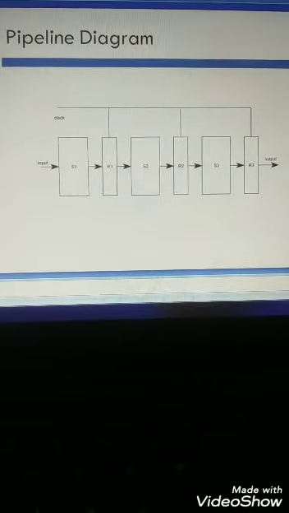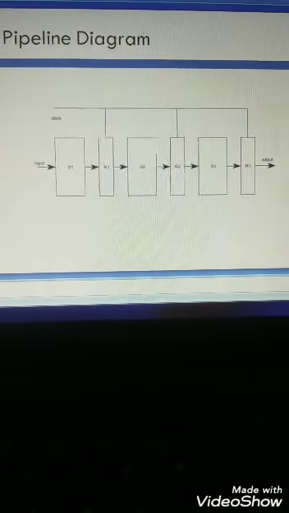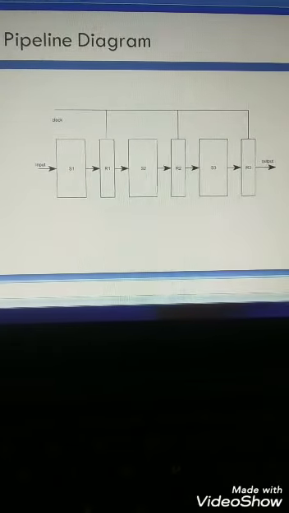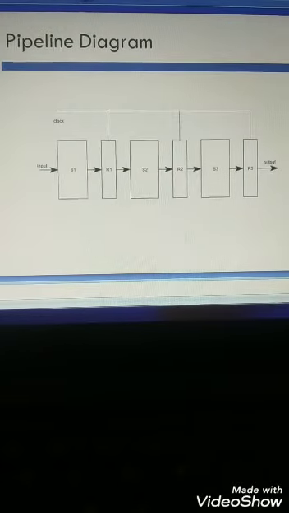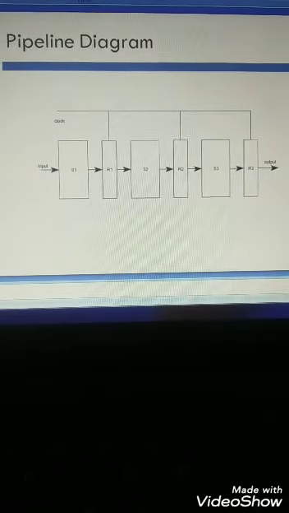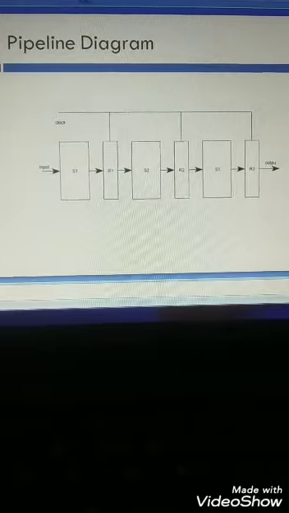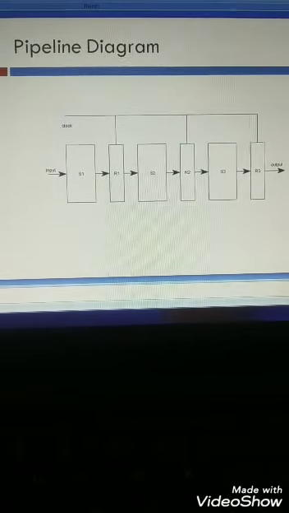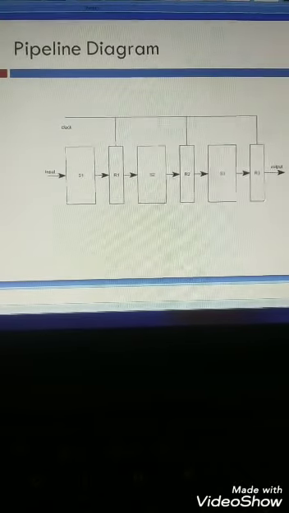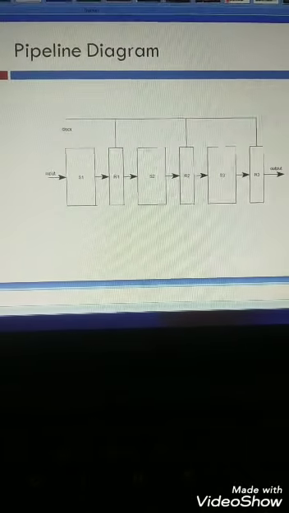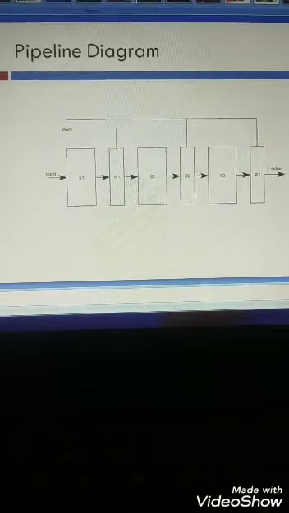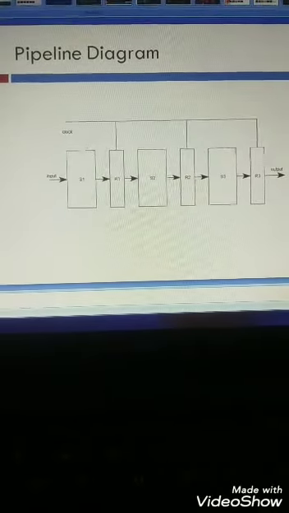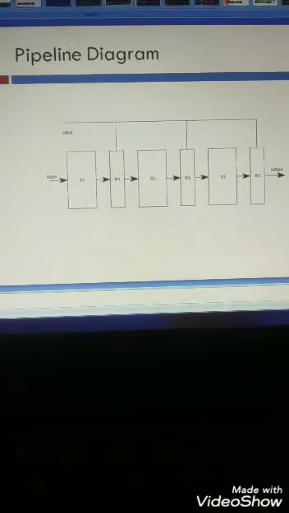This is a diagram of a pipeline. In this diagram there are various stages of a pipeline, each followed by a register or a buffer. A processing circuit is a combinational or sequential circuit, and one clock signal is connected to each input latch.